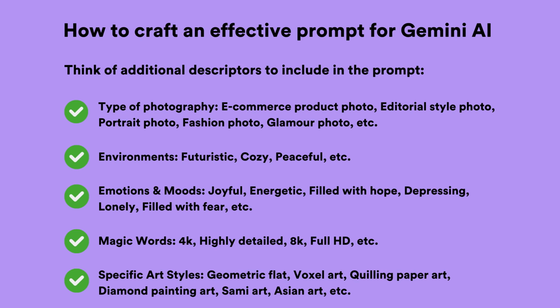Type of photography, environments, emotions and moods, specific art styles, cinematic or painterly effects. Experimenting with these kinds of descriptors is one of the most enjoyable parts of working with Gemini image generation. Small additions can dramatically change the feel of an image.